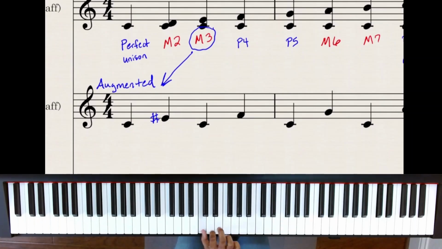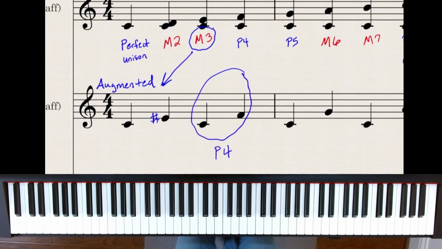So here's the major third. Okay? If I augment it, I raise the E a half step up, it takes us to C and F. But remember, we said earlier in the video that C to F was a perfect fourth.